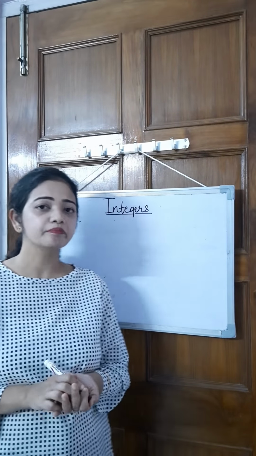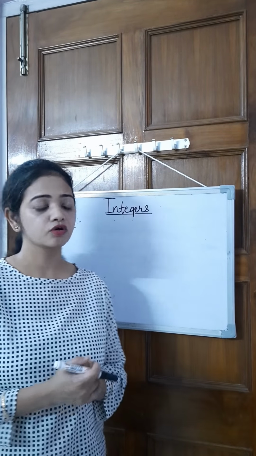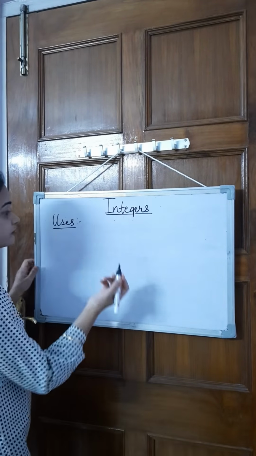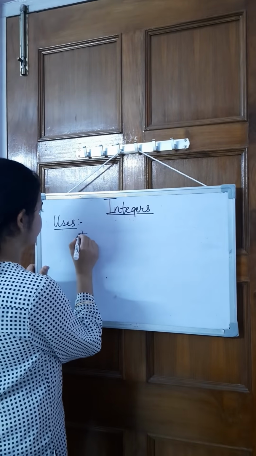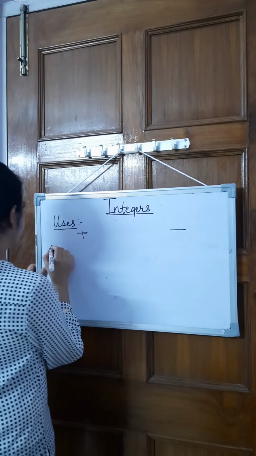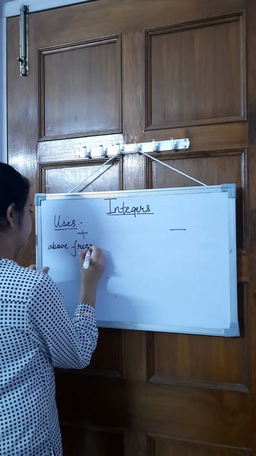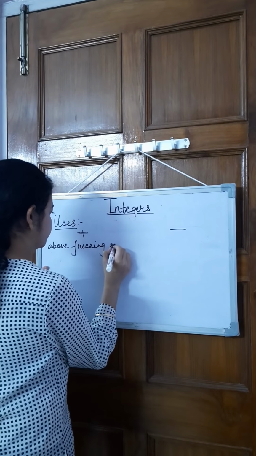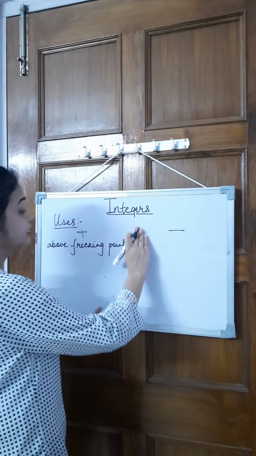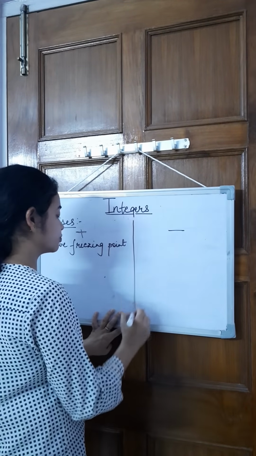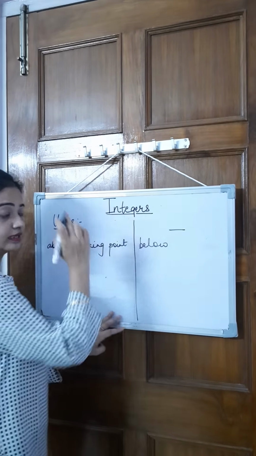When we talk about temperature, we say that temperature is increased, temperature is decreased, or temperature is below the freezing point or above the freezing point. When we say above freezing point, we say that it is positive. When we say below freezing point, we say it is negative.